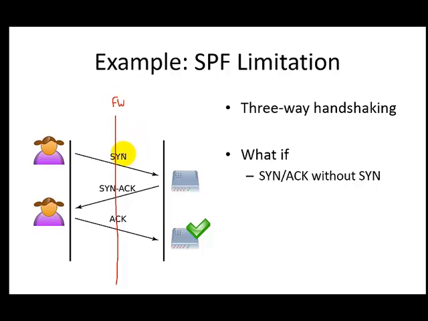So the role of the firewall is intercepting these messages going back and forth and dropping any suspicious packets.